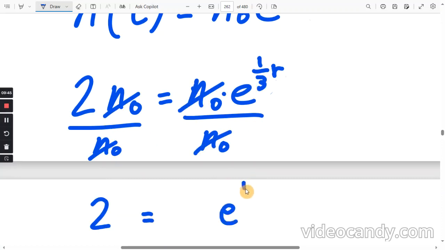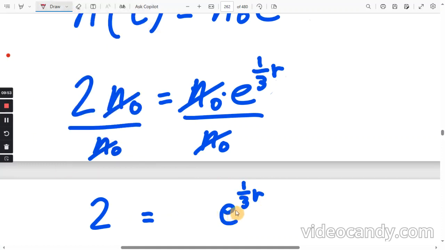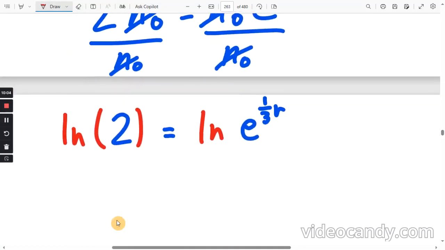All right, again, that 1/3 r is your exponent. And as always, in order to get rid of the e and isolate the exponent, we have to do the natural log on both sides. On the right-hand side, natural log and e cancel. And we are left with 1/3 times r.